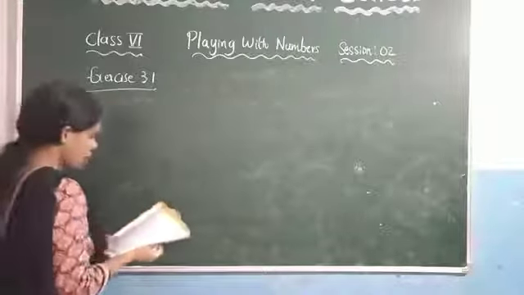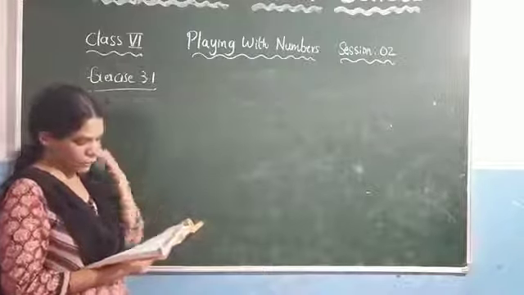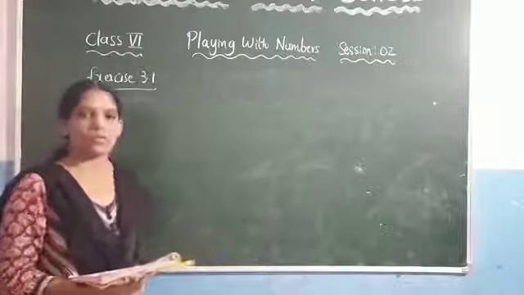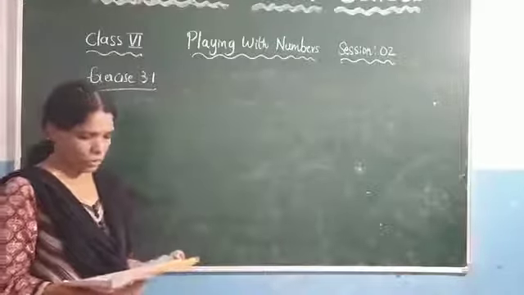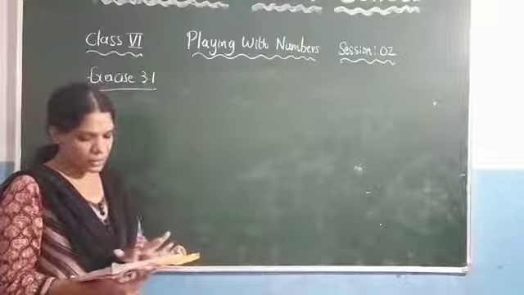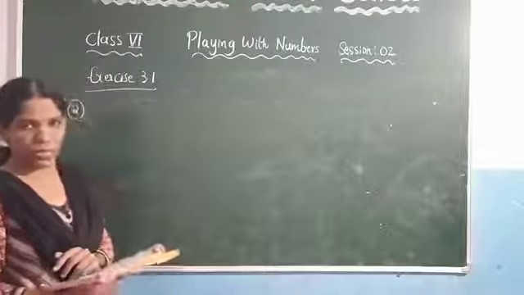What is the second question given here? Determine which of the following numbers are divisible by 5 and 10. Here they have given some numbers. You have to check whether those numbers are divisible by 5 or not. And after that, check whether the numbers divisible by 10 are also divisible by 2 and 5.